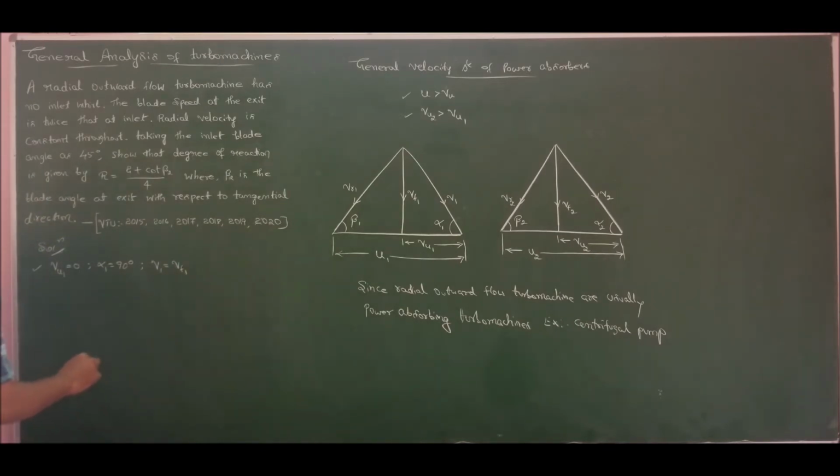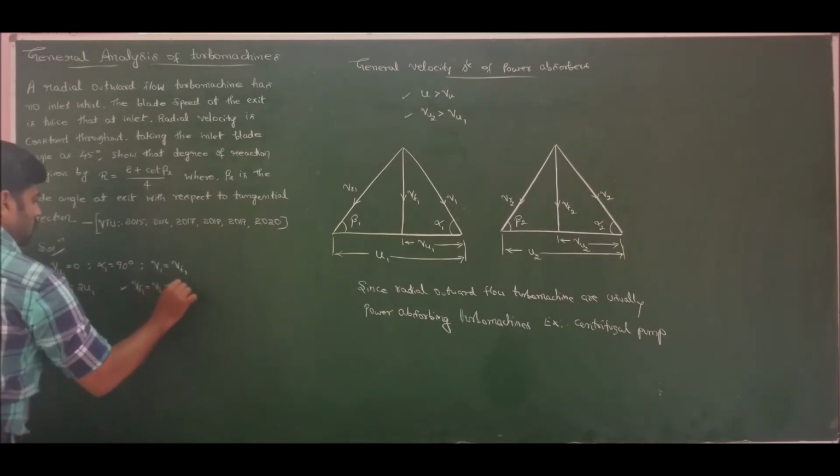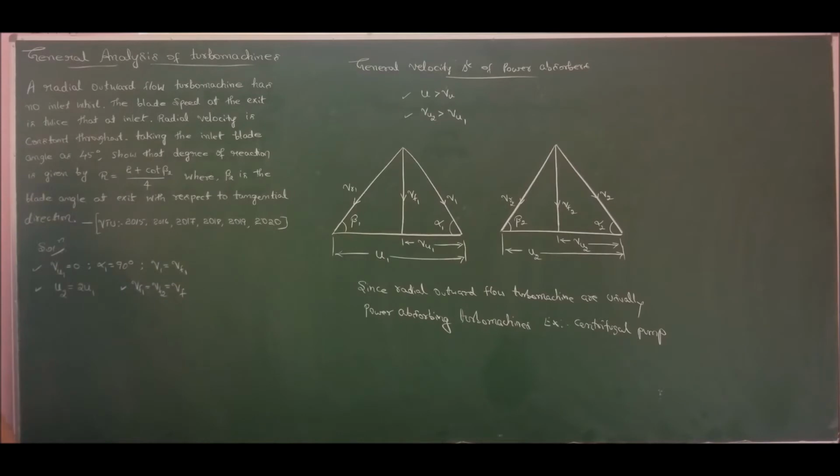The blade speed at the exit is twice that at inlet. So blade speed at exit U2 is twice that of inlet, U1. Radial velocity of flow is constant throughout. So the next condition is Vf1 is equal to Vf2, all equal to Vf, which is constant.